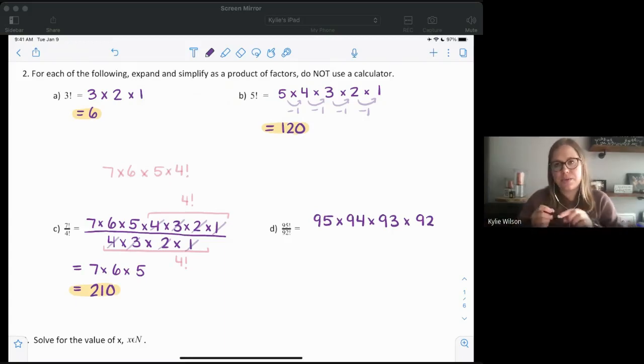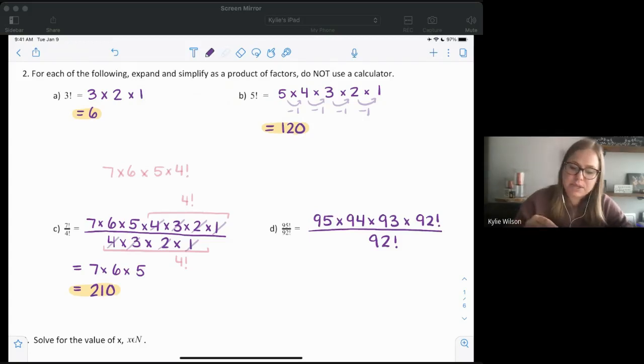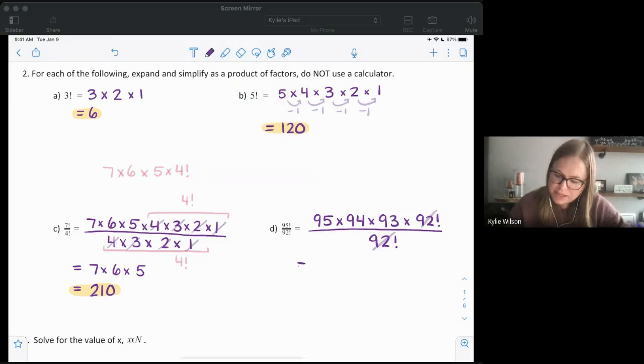Now, 92 all the way to 1 could also just be written as 92 factorial instead. And this is very convenient, and the reason why I'm going to stop there is because I have a 92 factorial in the denominator. I want to stop so that I have the matching number in the denominator. This way I can cancel. Just like that. And this will give me 95 times 94 times 93.